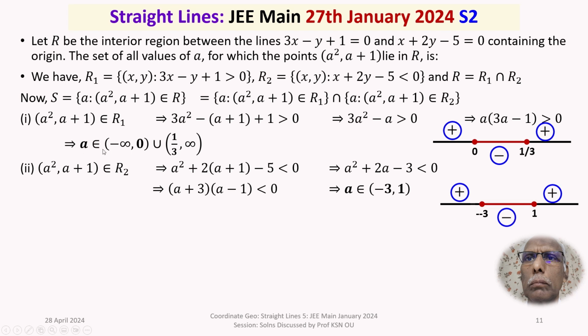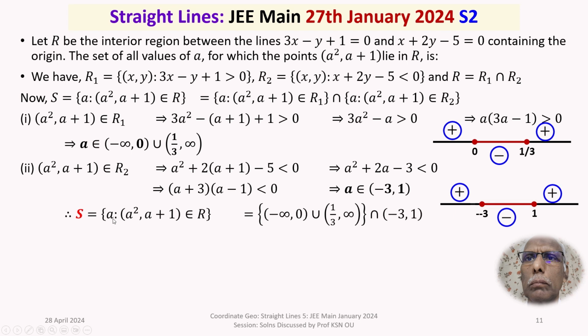So you got now this set of all those a such that (a square, a plus 1) belongs to R1, and the set of all those a such that (a square, a plus 1) belongs to R2. So thus S will be the set of all those a such that (a square, a plus 1) belongs to R. This will be equal to the first one intersection with the second one.